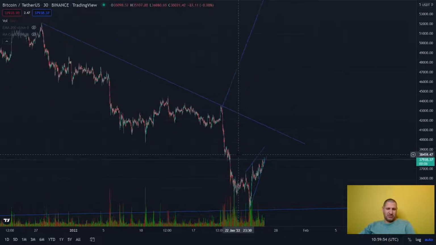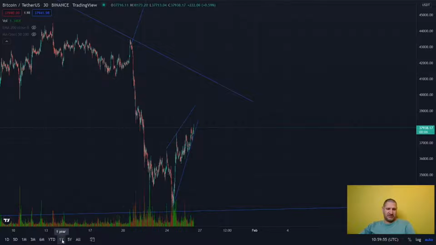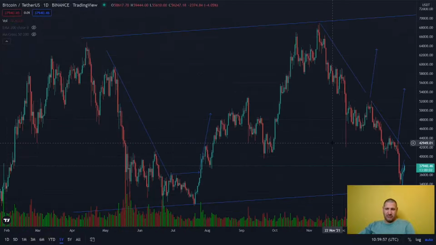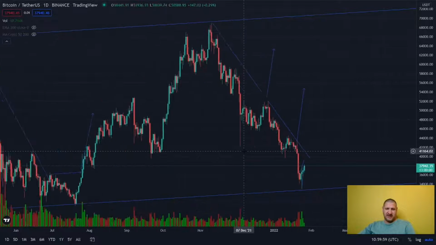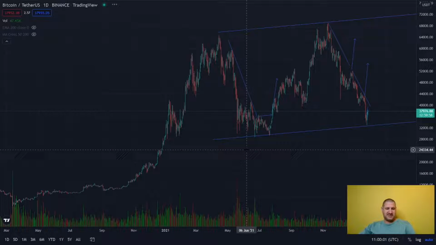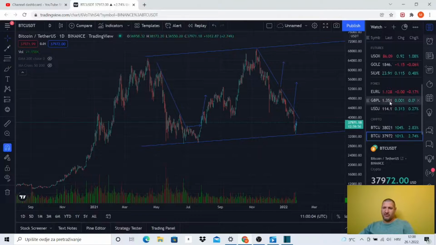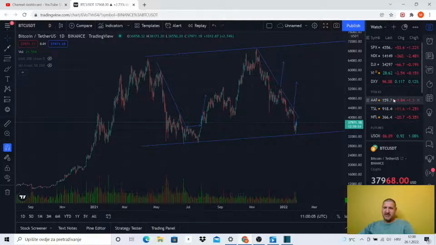One thing which is also quite important to mention in all of this technical analysis is, of course, the movement of the stock market. As you can see here, we have S&P, Nasdaq, and Dow Jones. They are again in the red.